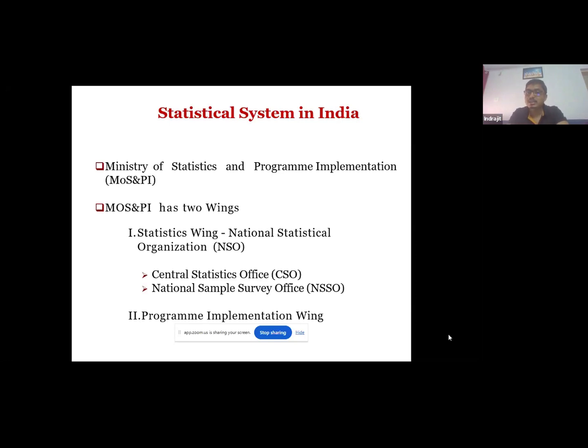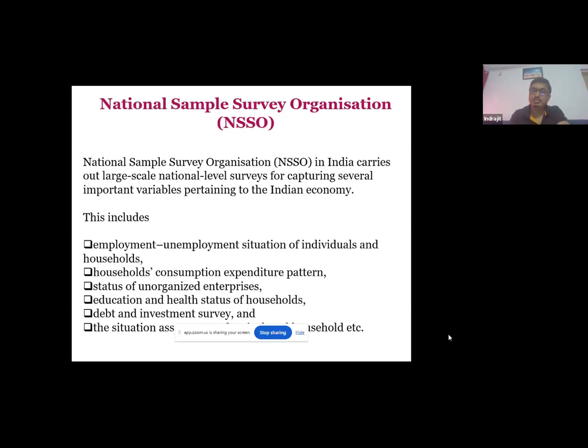But NSSO, the National Sample Survey Office, collects data from the field on different themes. NSSO carries out large-scale national surveys. Majorly, these are the themes they cover. What are the themes mentioned here? Employment and unemployment situation of individuals and households.